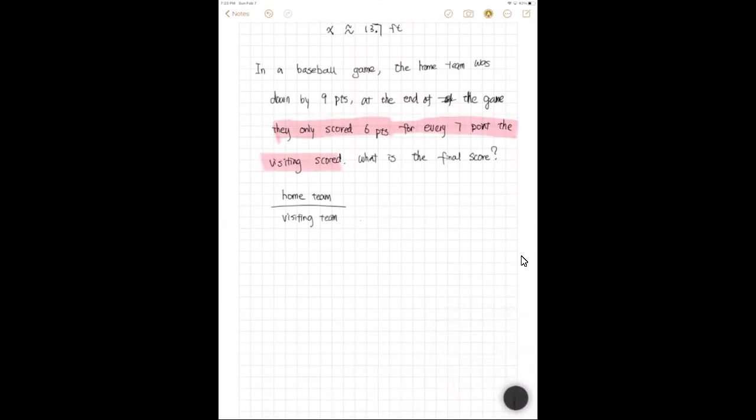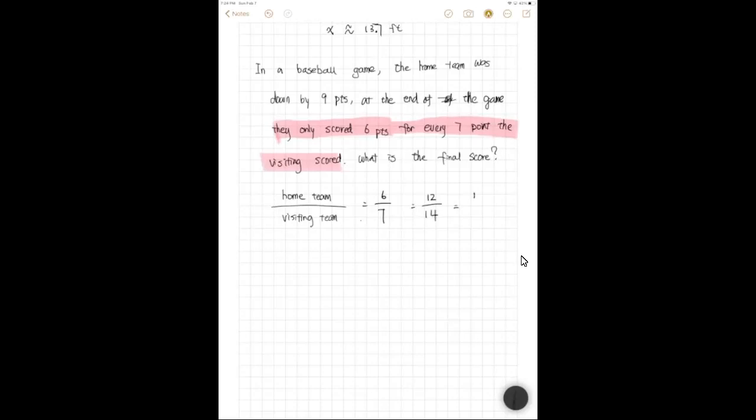So that means whenever they score 6, the visiting team is going to score 7. If the home team scored 12, there are 2 sixes in 12, right? So the visiting team is going to score 14.